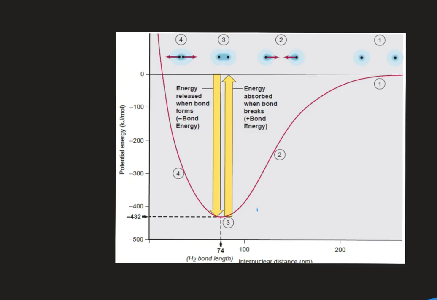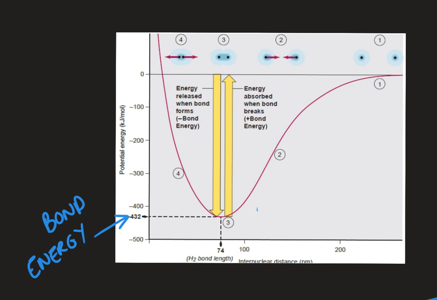The energy difference between point 1 and point 3, which is the minimum point, is the bond energy. It is the amount of energy that is released when the bond is formed, and it must also be absorbed in order to break the same bond. So remember that ballerina dance: energy is needed to break a bond, and energy is released when a bond is formed.